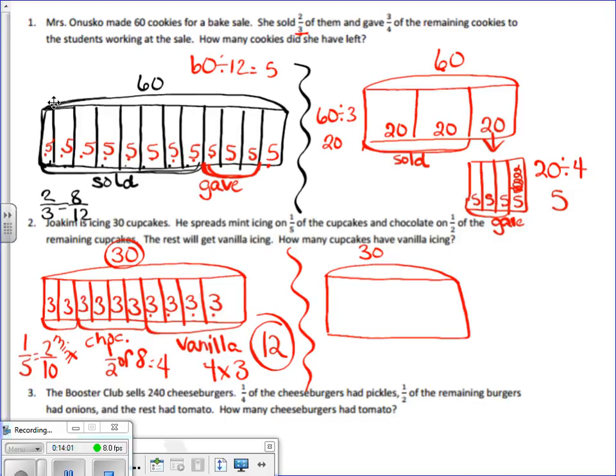We have 1/5, so I can do 1, 2, 3, 4, 5. 1/5 is mint. So each unit, there are 5 units right here. So each unit is worth how many?